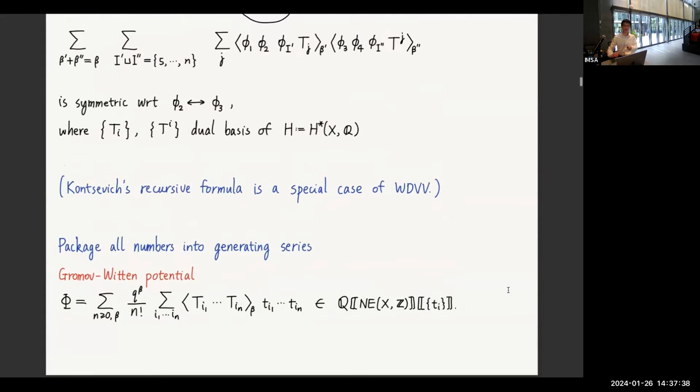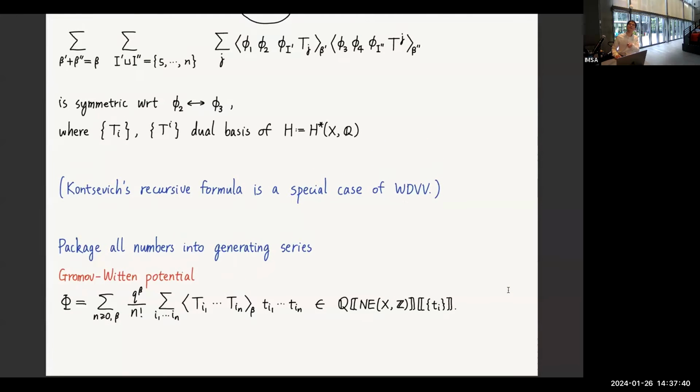So these T_i are a basis of the cohomology. I wrote here T lower i, T upper i, they are dual bases of the cohomology of X with rational coefficients. And the little t_i are the formal variables to keep track of all these observables.